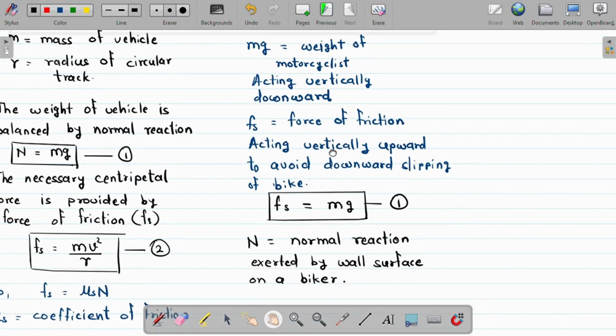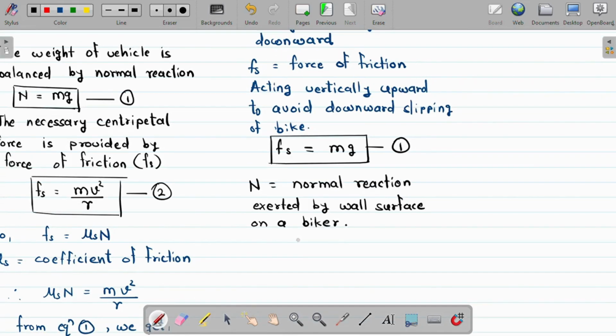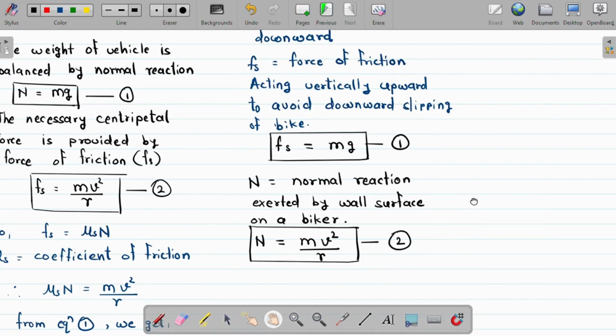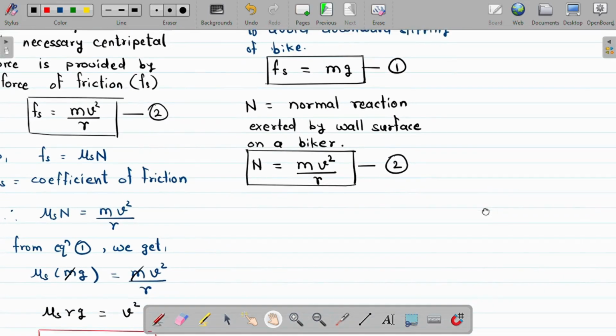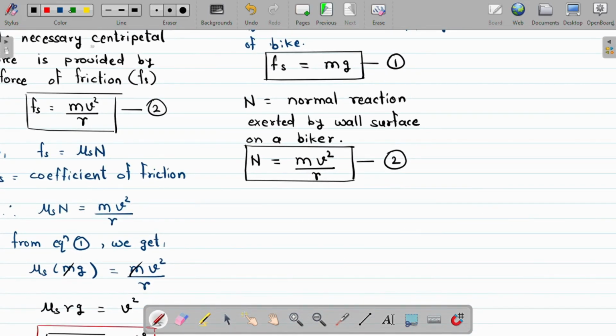As it is directed towards the center along the radius, here we have N equal to the necessary centripetal force. N is equal to mv square by r. So this is another equation, equation 2, that you are supposed to remember while writing the answer for this question.